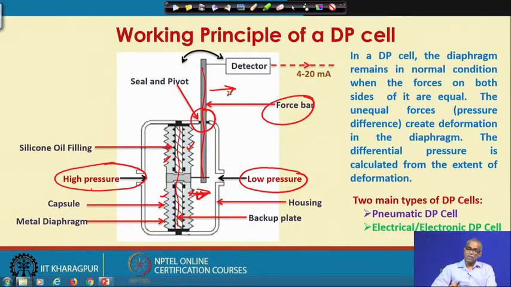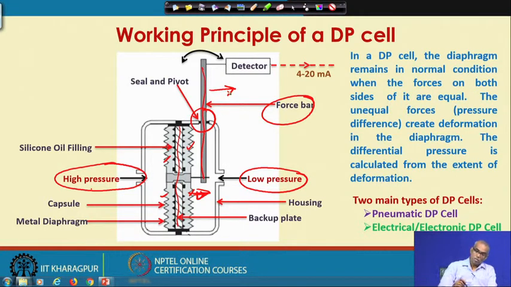So, this displacement of this force bar can be read by a displacement transducer. We have talked about several transducers, capacitance type, LVDT type, even pneumatic transducer is also possible, like we can take help of flapper nozzle systems.